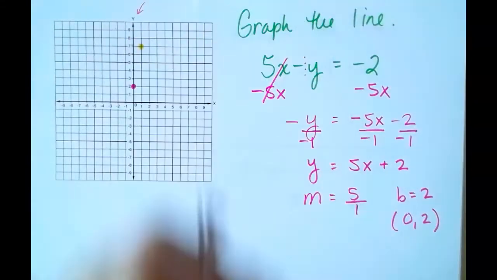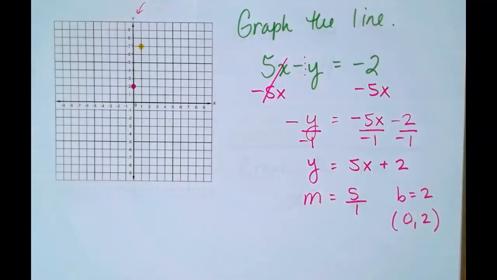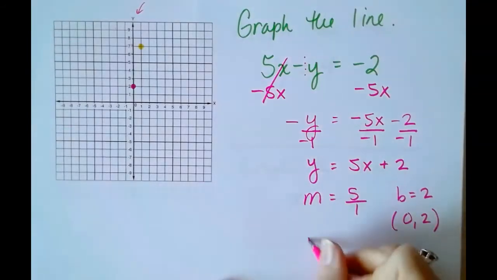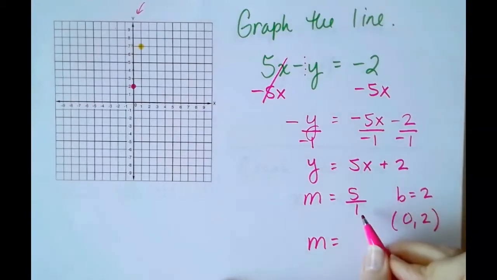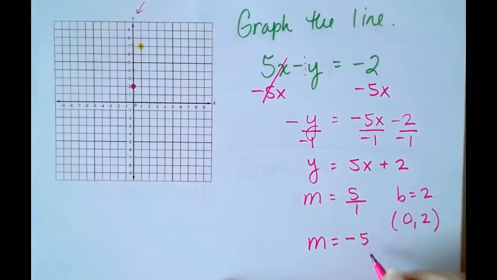Run 1. Now, if you're not able to go up any further, remember that positive 5 over positive 1 means exactly the same thing as negative 5 over negative 1.